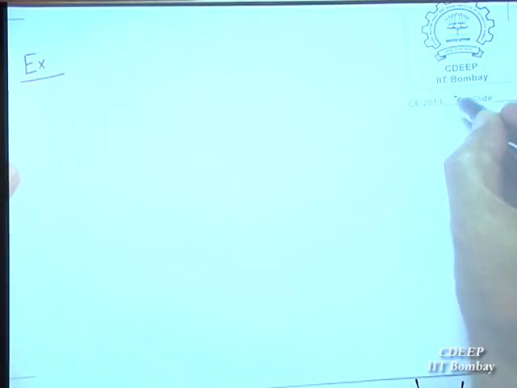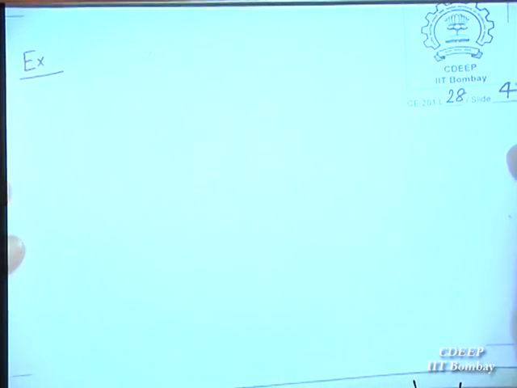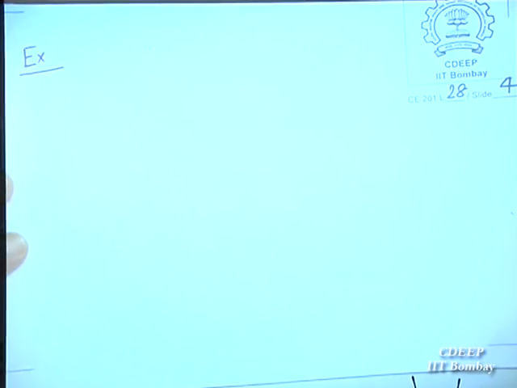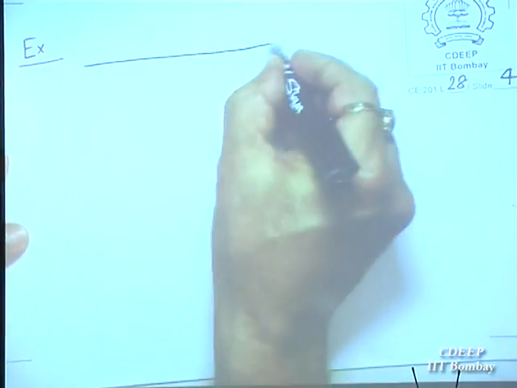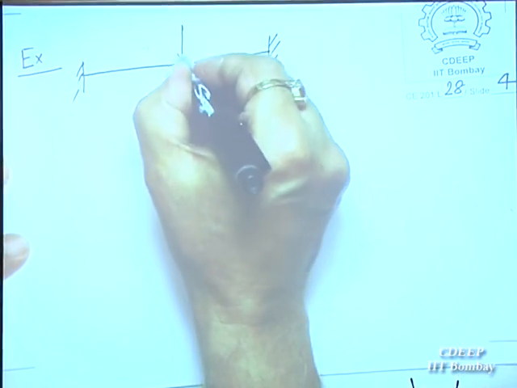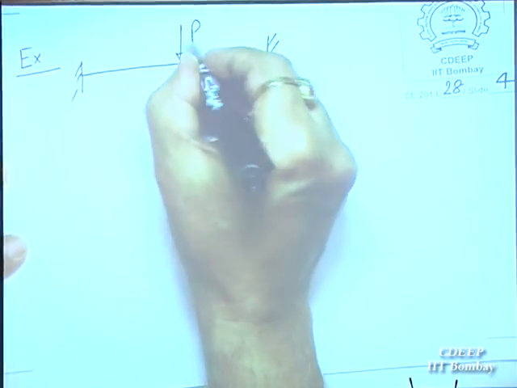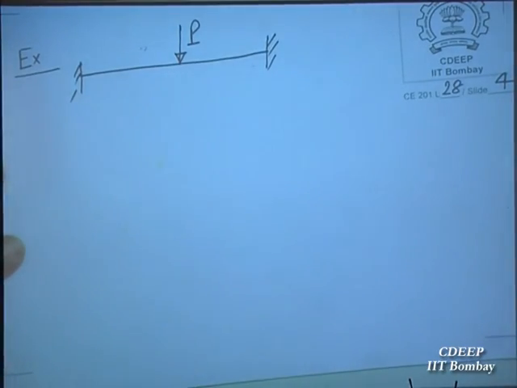Time is up, sir is waiting. Okay, you do it for this problem. This is there and P is there here. Please find out the ultimate load capacity of this.